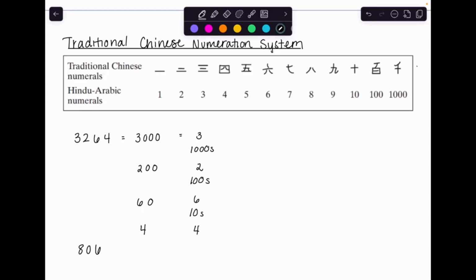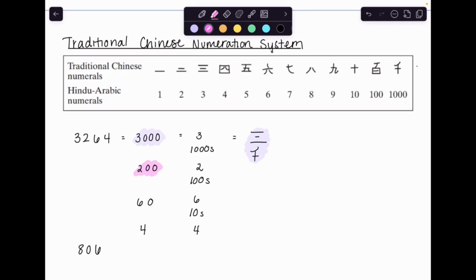Okay. So what we do to write this is I start with my symbol for 3, which is right here. So it is a big line, little line, big line. And then I put the symbol for thousands underneath it. So that tells me I have 3,000. Okay. So 3,000 again is represented by this.